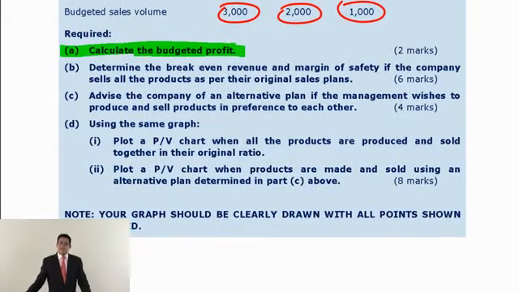Requirement B, determine the break-even revenue and margin of safety if the company sells all products as per their original sales plans. Remember what were original sales plans? That company was selling all products together, allocating their resources equally to all products. If a customer was coming for pens, they were handing over pens.